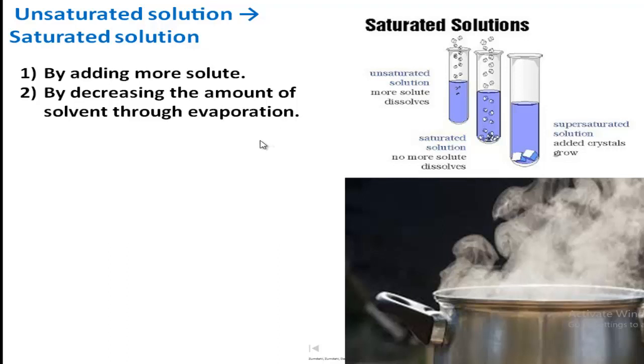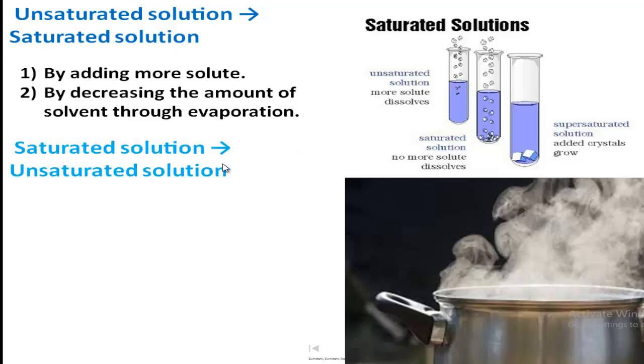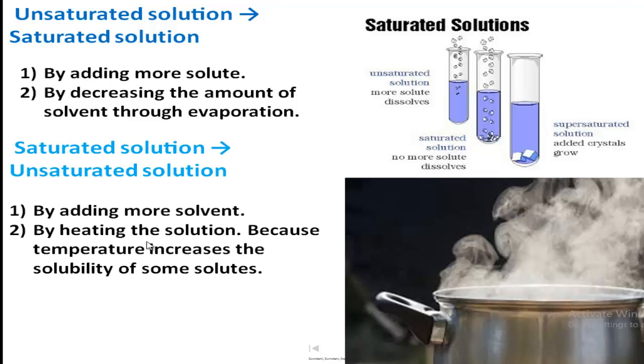Now we will see the reverse, that is, how we can convert a saturated solution into an unsaturated solution. We can also do this in two ways. First, by adding more solvent. Because our solution is saturated, if we add more solvent, it will convert into an unsaturated solution.